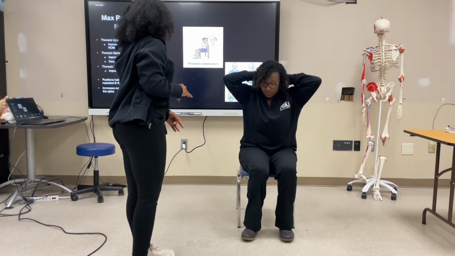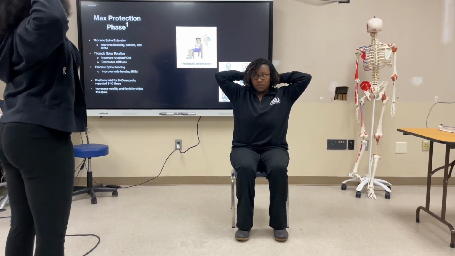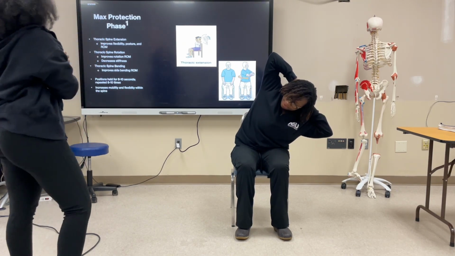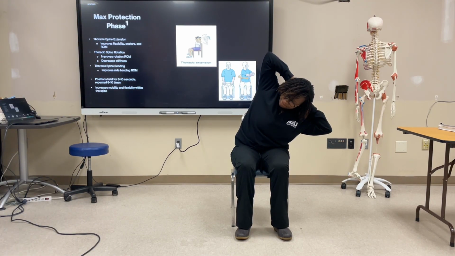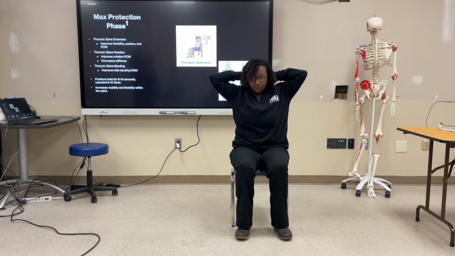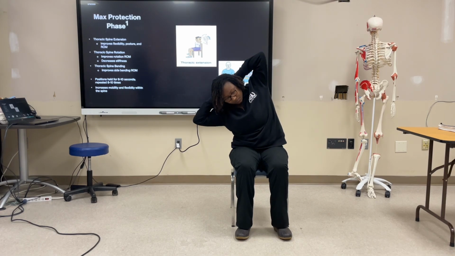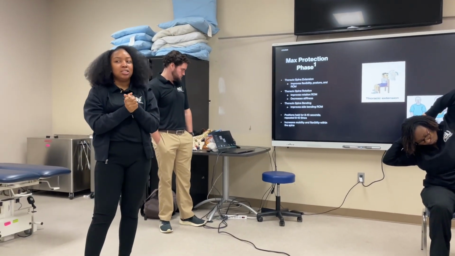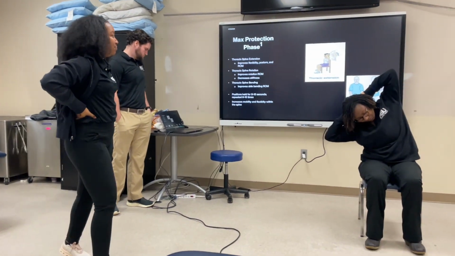Just a little. There we go. And I want you to bring your elbow down to your side as far as you can. And you want to ask them to hold these positions for 8 to 10 seconds, and you want to tell them to repeat them 8 to 10 times. And then you're going to go to the other side. And again, all of these improve mobility and also the patient's flexibility of their spine.